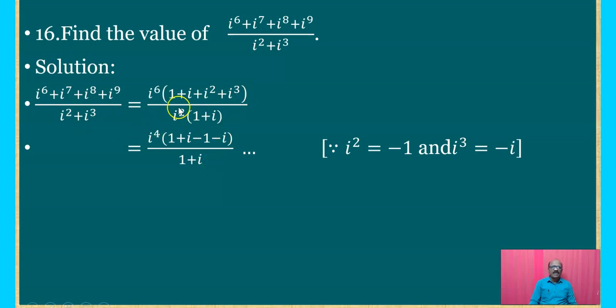The value of 1 plus i squared is minus 1, i cube is minus i. Therefore plus 1 and minus 1 get cancelled, and plus i and minus i get cancelled. Overall you will get 0 in the numerator, and therefore the answer is 0.